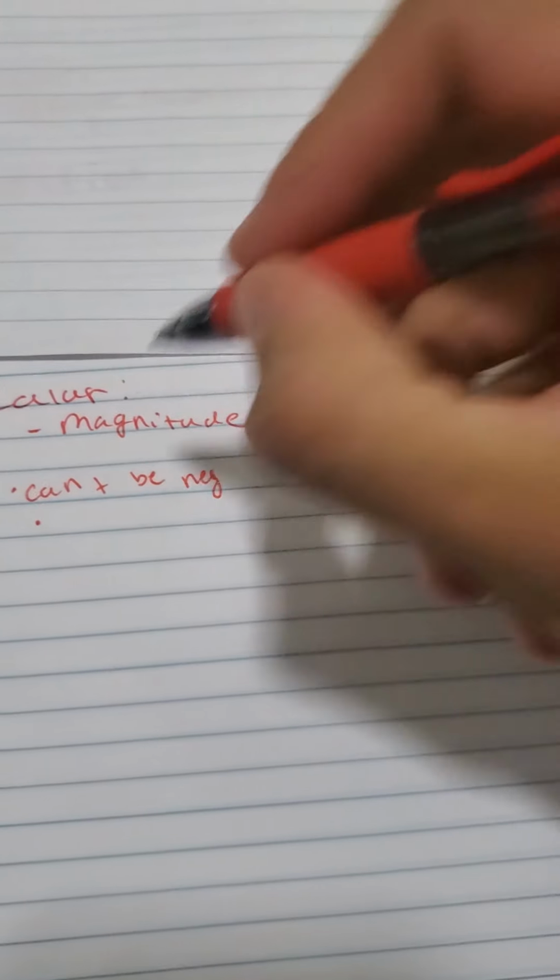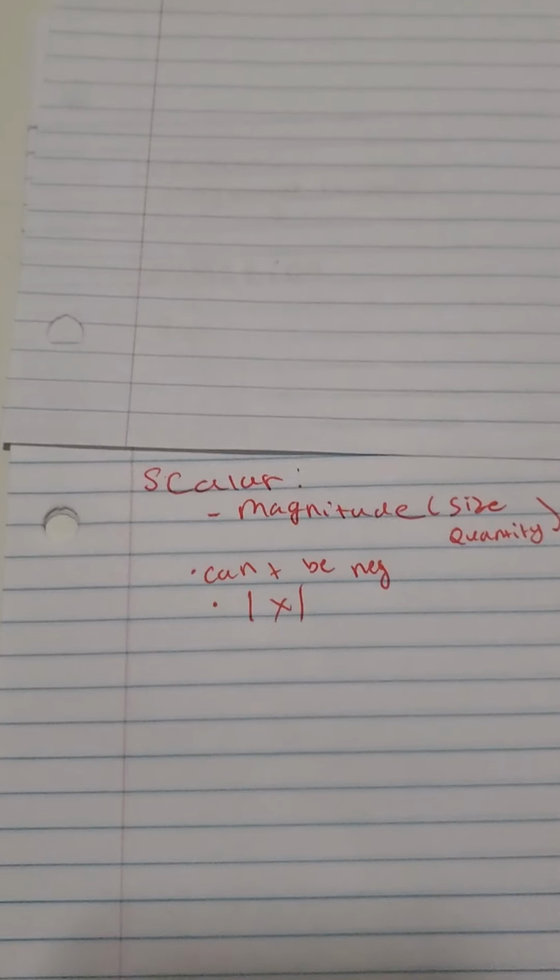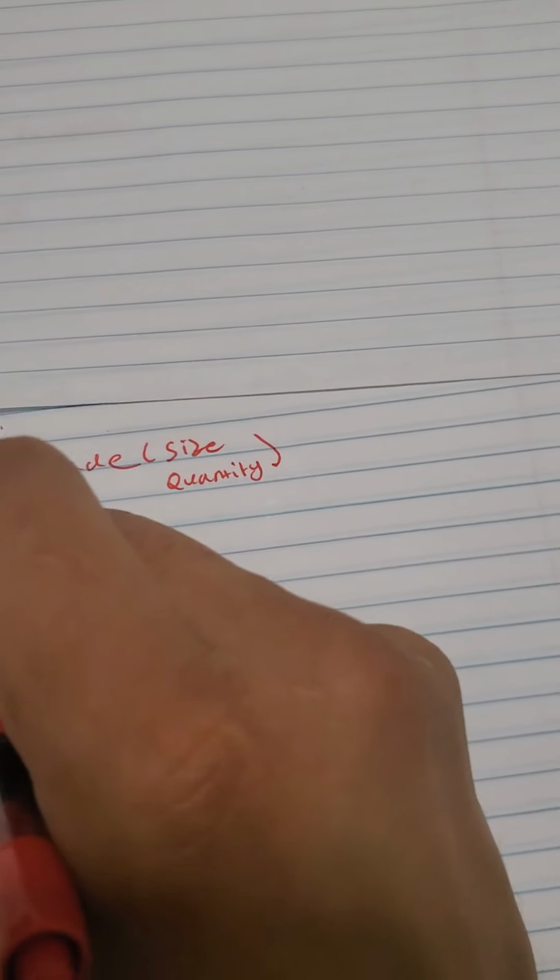And we always take the absolute value of it, pretty much. Let me give an example. So distance, and speed.